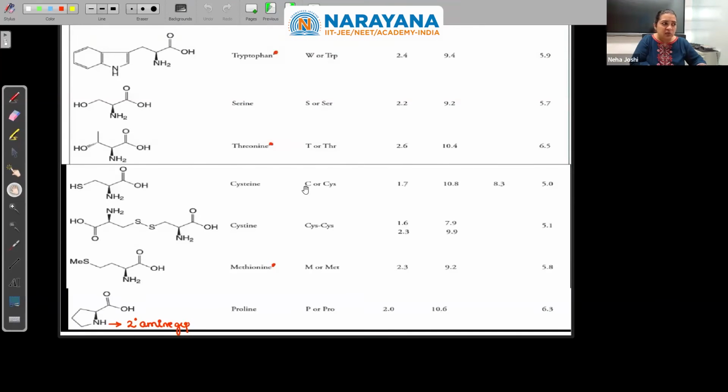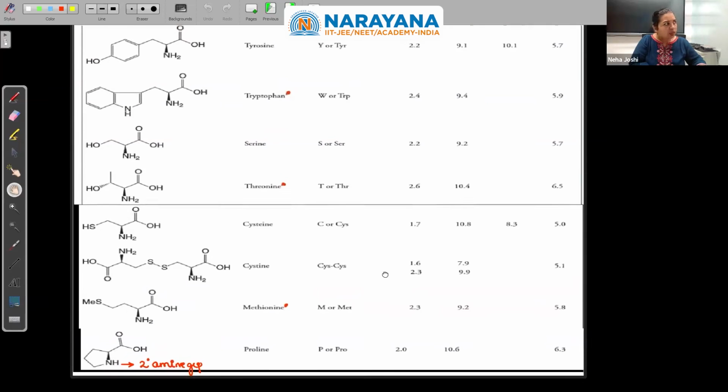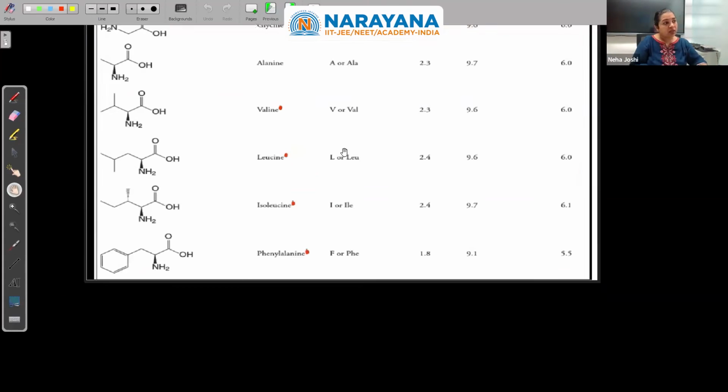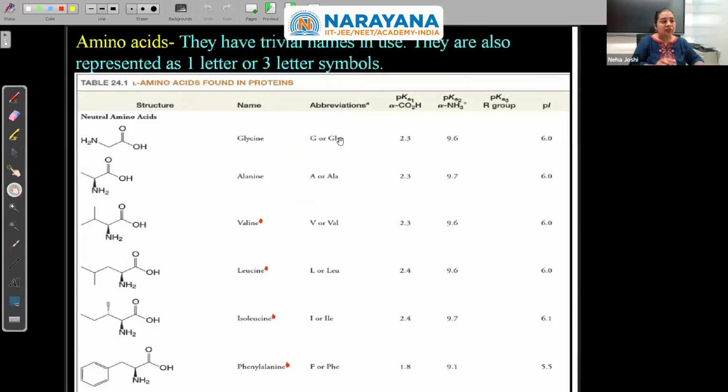These representations will be used. But usually they will give some hint in advance. In Mains, they can use single letters. But in Advanced, they usually give glycine bracket G, alanine bracket A type thing. But in Mains, I cannot guarantee. You also know anything can happen. There I can't say.